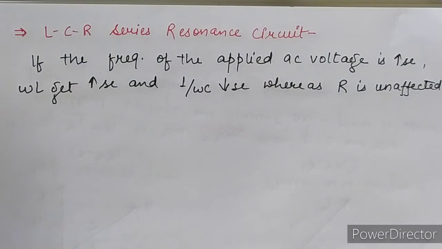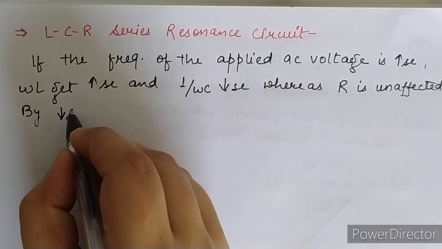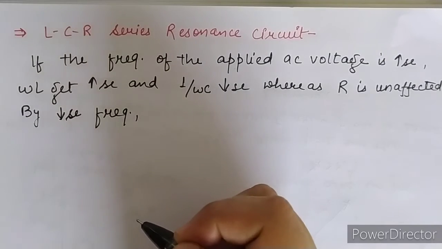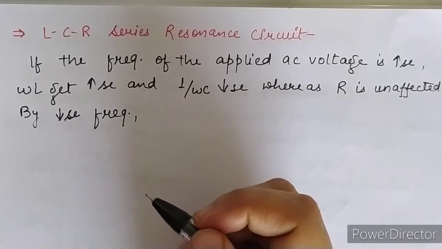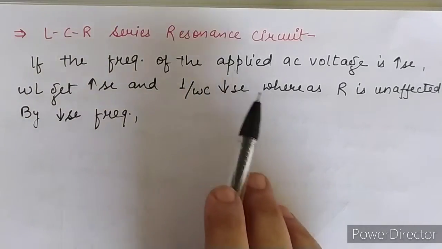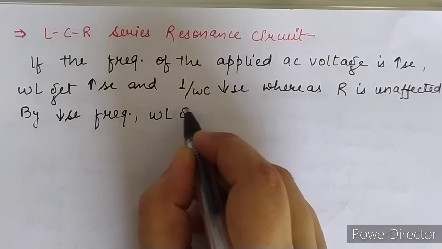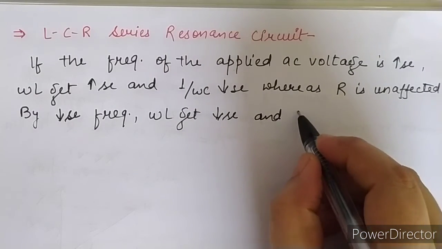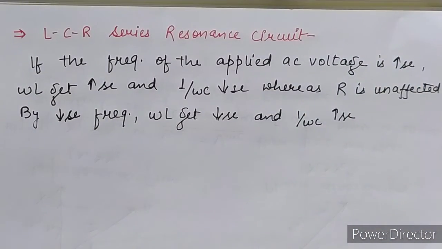R will be unaffected. And if we are decreasing the frequency, then what happens? If frequency increases, omega L increases, 1 upon omega C decreases. Again if the frequency decreases, then omega L decreases, and 1 upon omega C increases. Why does this happen?